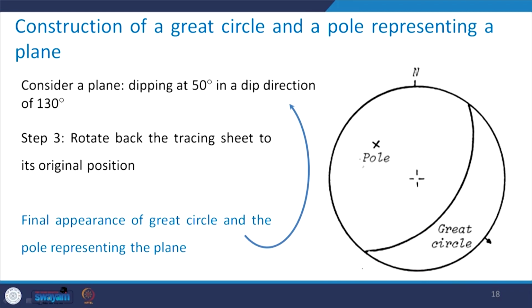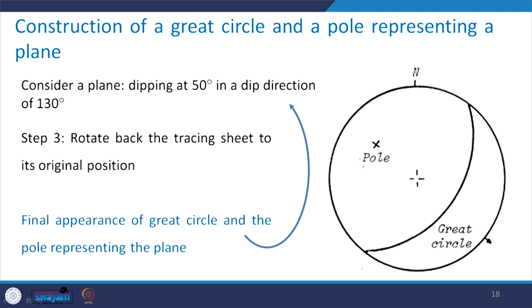Now, see, the next step will comprise of that rotate it back, that is rotate the tracing sheet back to its original position. So, what does that mean? That north which is marked on the tracing sheet must coincide with the directions which are there in the stereo net, not only north, but all the directions north, south, east, west.